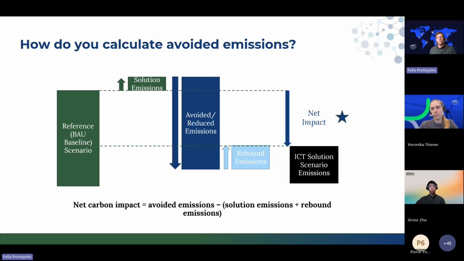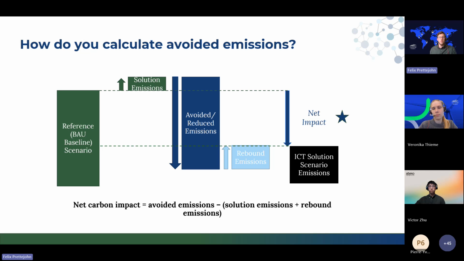And then finally, you have rebound emissions. So this could be an effect of if you're transporting the food more efficiently, then you might end up resulting in more transport. So the solution scenario considers all those 3 aspects, it goes from the footprint to the avoided emissions, any additional rebound effects.